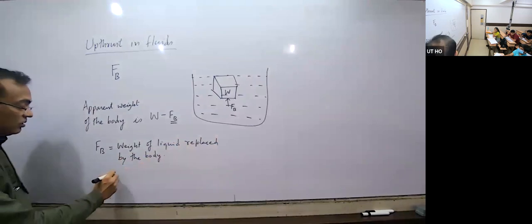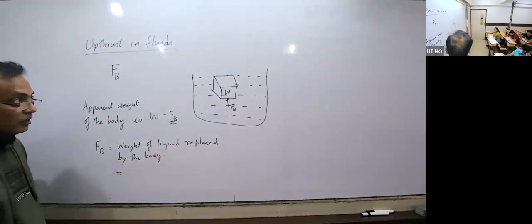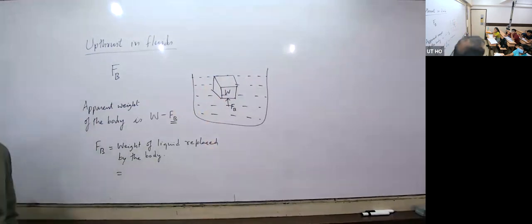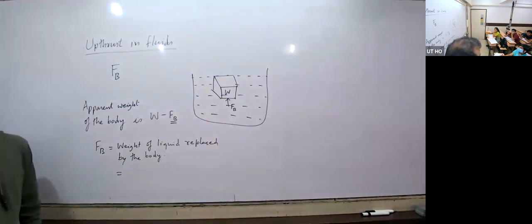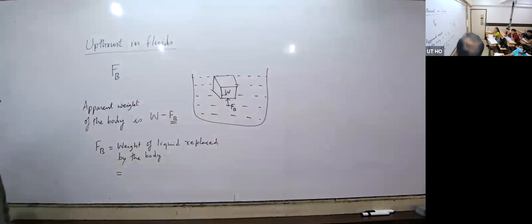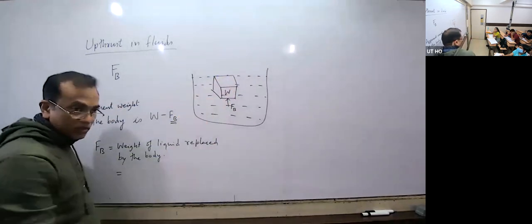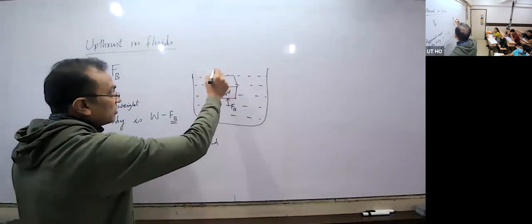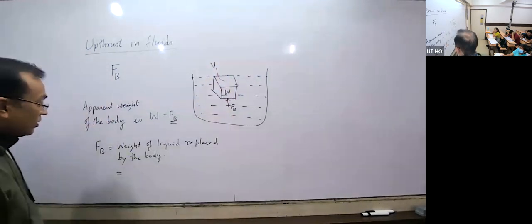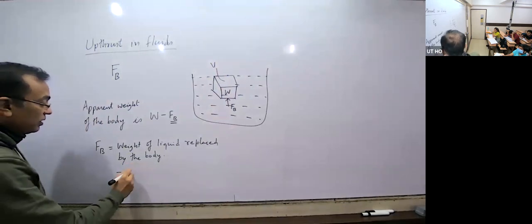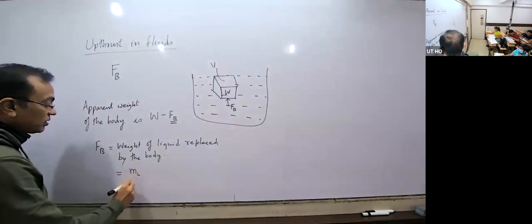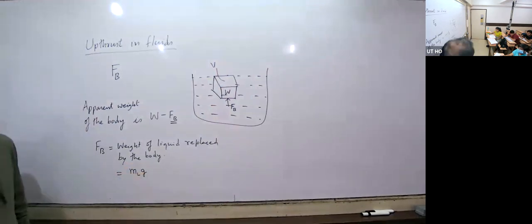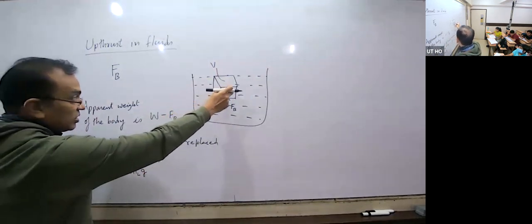So how much will it be in terms of volume and density? The volume of liquid will be the same as this body's volume. Let us say this body's volume is V. Weight is the mass of the liquid replaced times gravity.